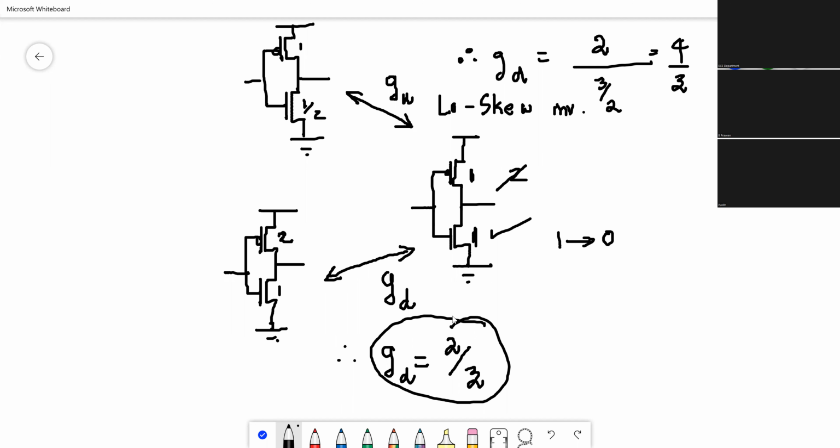Okay, so let us do one more gate. Let us try it for a NAND gate.